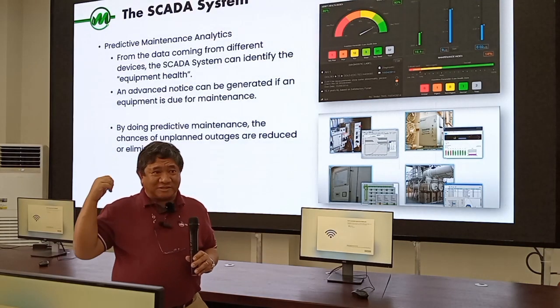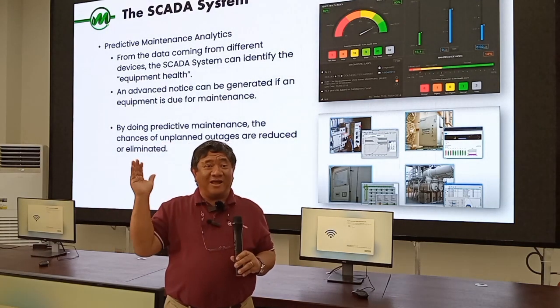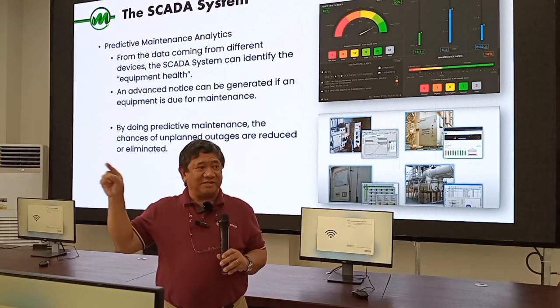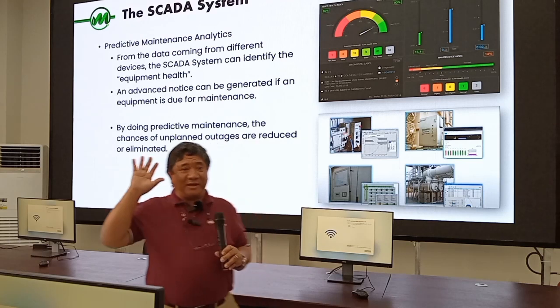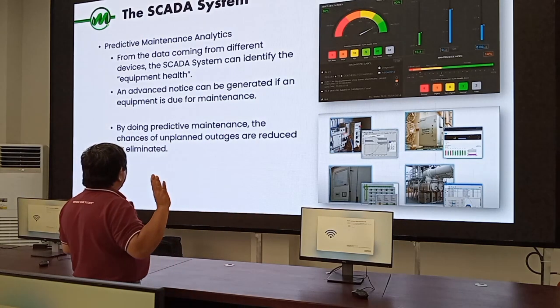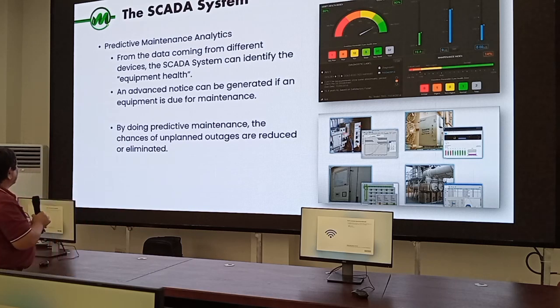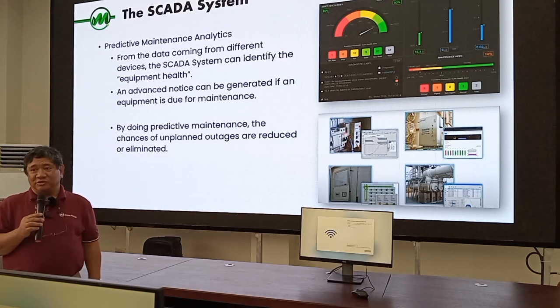Although in this new system, hindi na yung periodic lang, because it is monitored by the millisecond, and there is this trend lining that will happen. So again, instead of just waiting for it to go bust, we're able to do predictive maintenance now. And by that, the chances of unplanned outages will be reduced. Next.